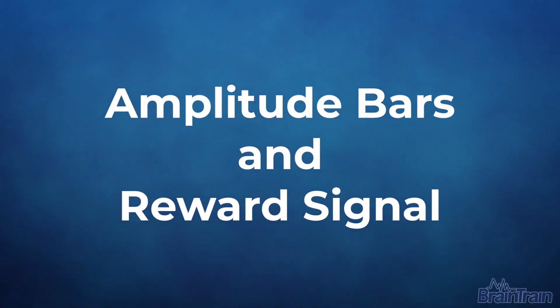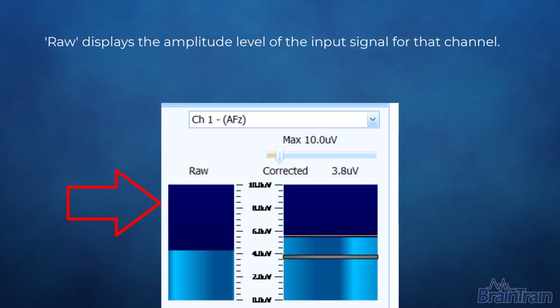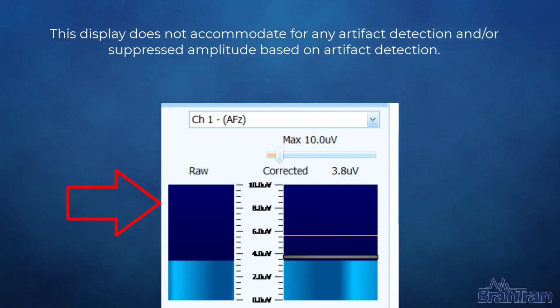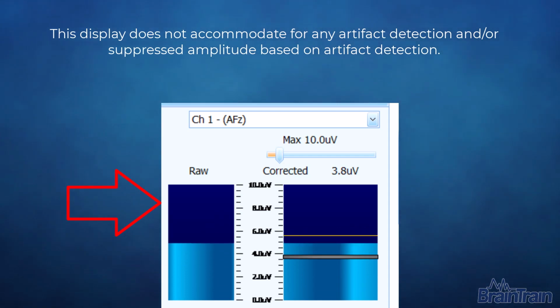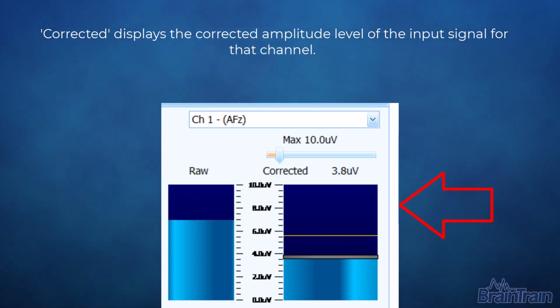Amplitude bars and reward signal. Raw displays the amplitude level of the input signal for that channel. This display does not accommodate for any artifact detection and/or suppressed amplitude based on artifact detection. Corrected displays the corrected amplitude level of the input signal for that channel.